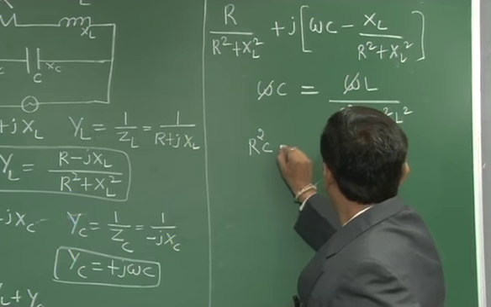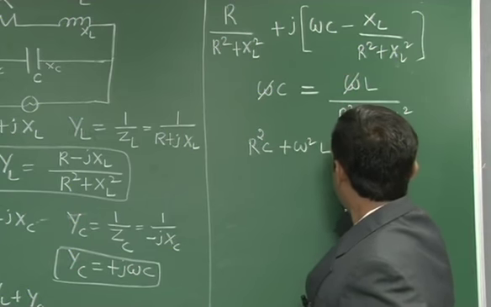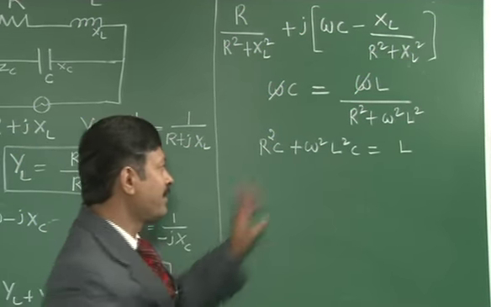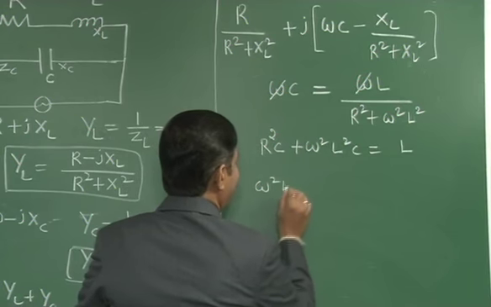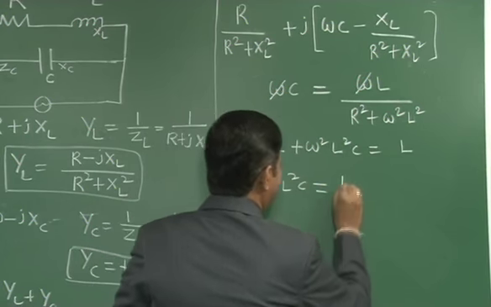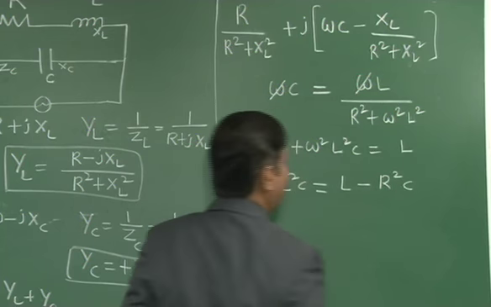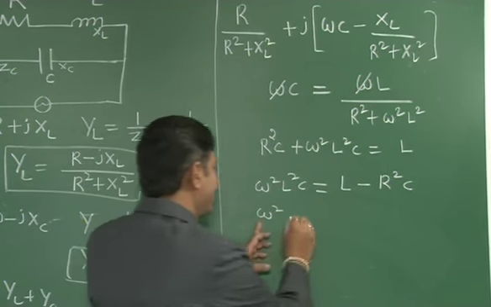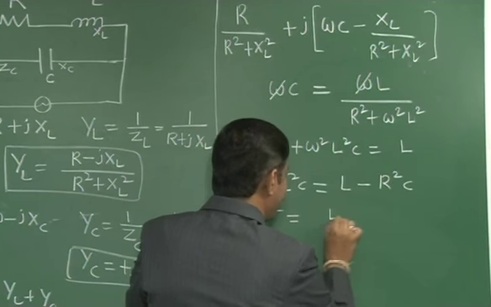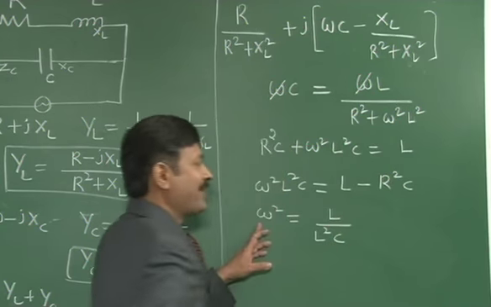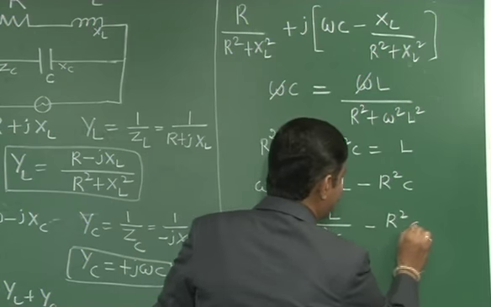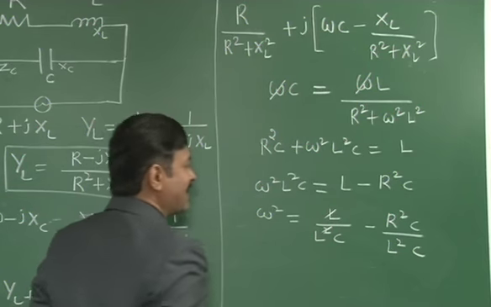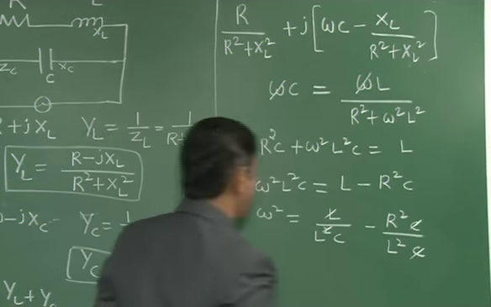R square C plus omega square L square C is equal to L. I want omega square. So, omega square L square C is equal to L minus R square C. I want only omega square because the resonating frequency is this. Divide individually: L divided by L square C minus R square C by L square C. So, L cancels, and C cancels.